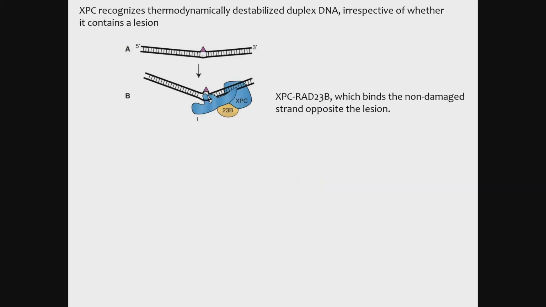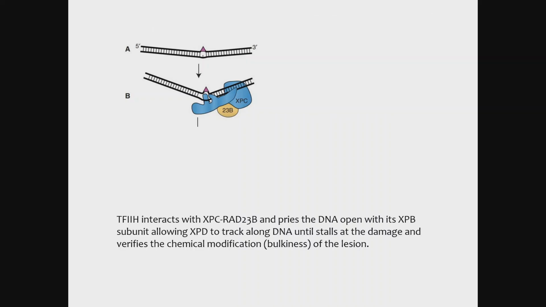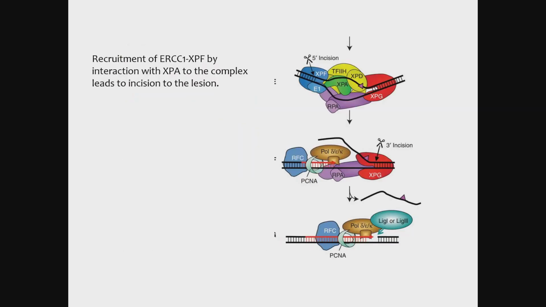Okay. So what happened in here is that we have a very bulky change in our DNA, and then this enzyme XPC complex will recognize the DNA, and then they will bring the TFIIH complex, a bigger complex that can interact with them, and it brings some enzymes that can cut the DNA and do a nicking.